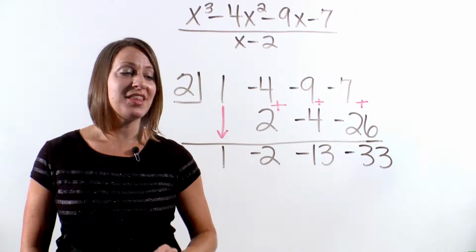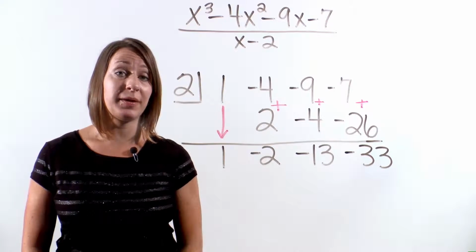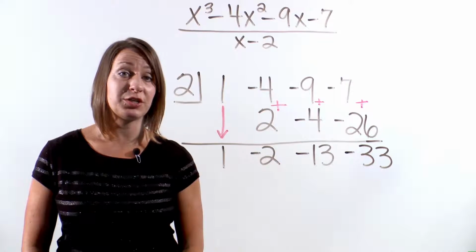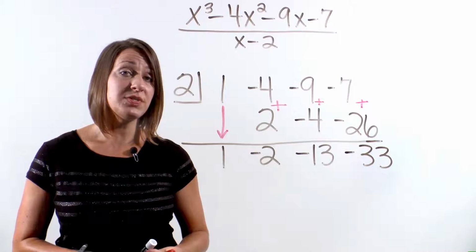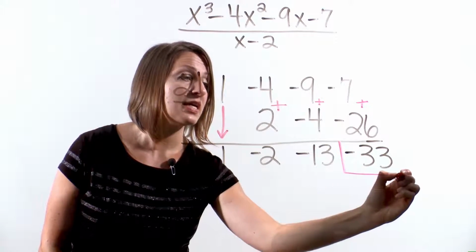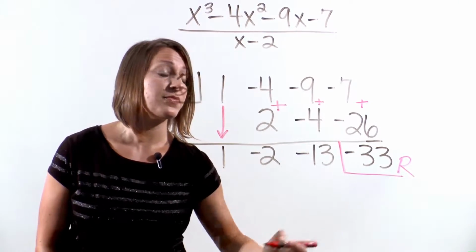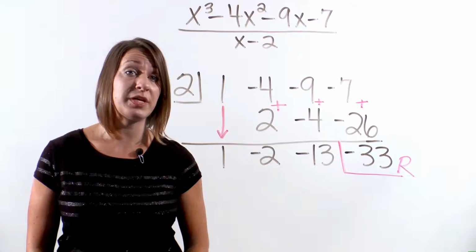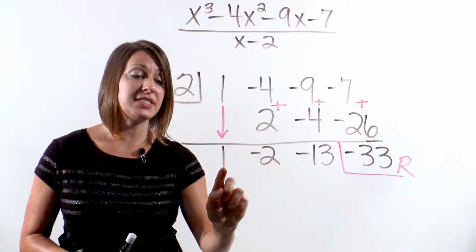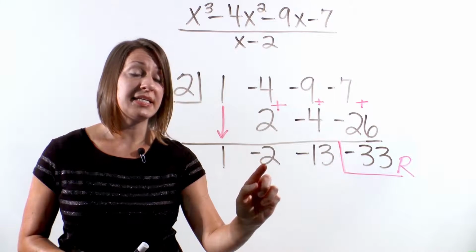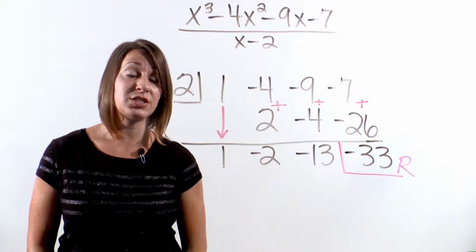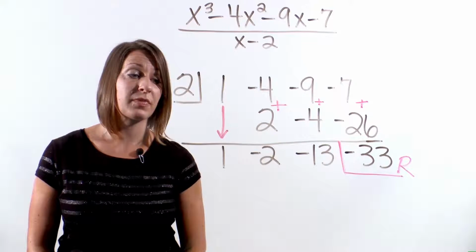Okay. Now that we have our list of coefficients at the bottom, we need to assign each coefficient back to an x term. When doing synthetic division, the last term is always our remainder. So in this problem, we have a remainder of negative 33. Next, we need to take the coefficients 1, negative 2, and negative 13 and assign an x term to them.